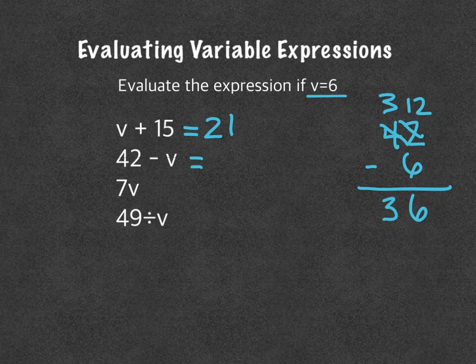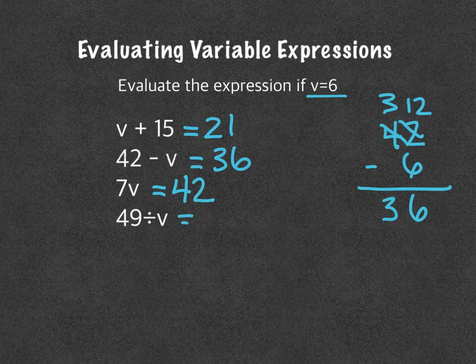So this is going to equal 36. 7 times v, or 7 times 6, equals 42. And then, this should be an 8. Sorry, my bad. Let's do 48 divided by v, or 48 divided by 6 equals 8. There we go, because 49 would give us a remainder.